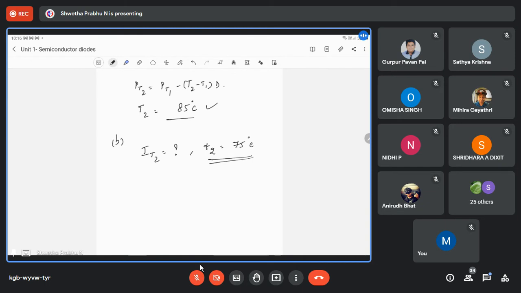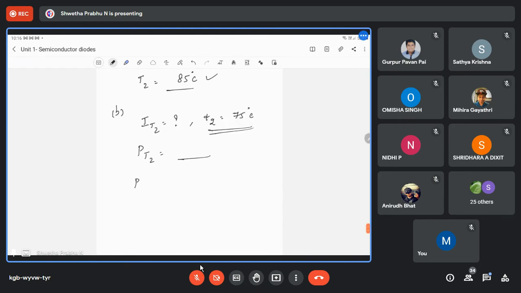That is what they have given. First you find PT2 and then you find IT2, that is PT2 divided by V.